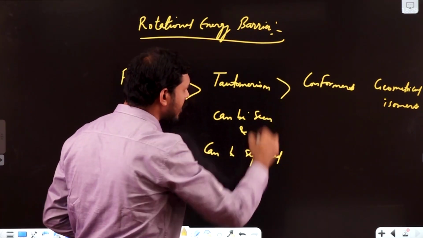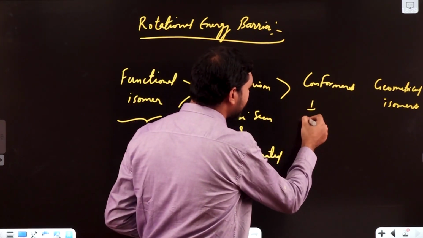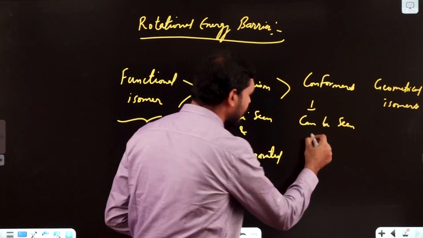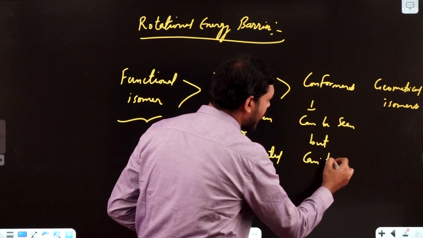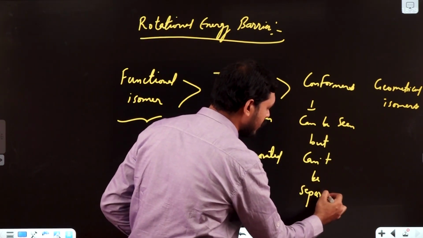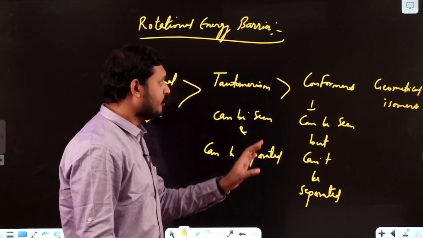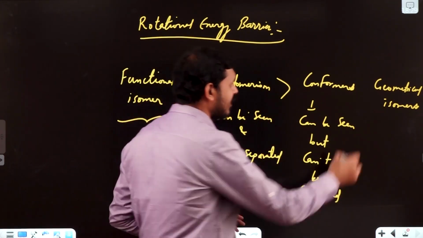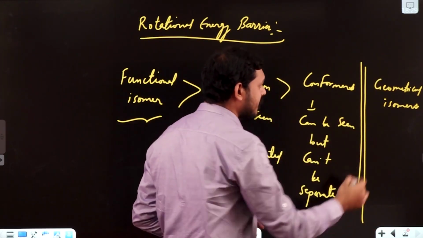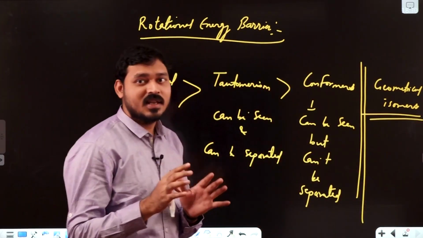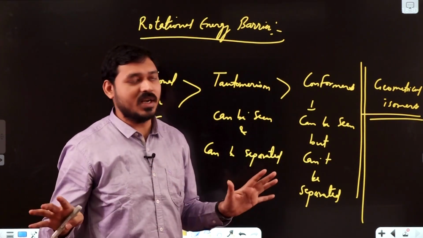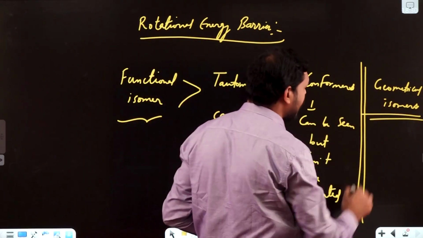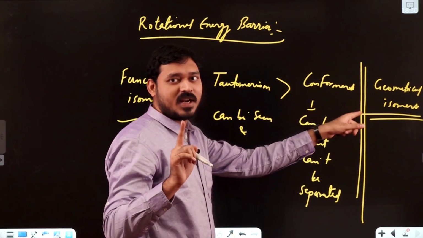Now when we say conformers, we have observed that they can be seen as two different conformers, but can't be separated. They have very low rotational energy barrier. But when I say geometrical isomers, there is restricted rotation. You cannot rotate it. So there will be a very high rotational energy barrier in case of geometrical isomers. So it is one type of configurational isomer only.